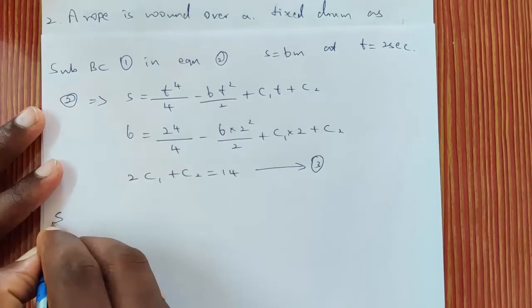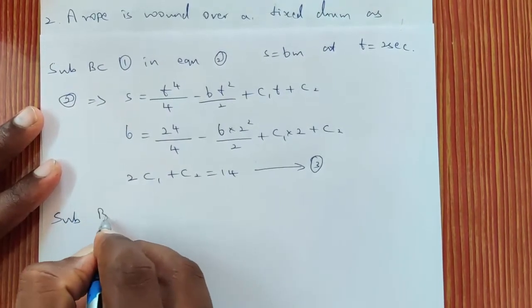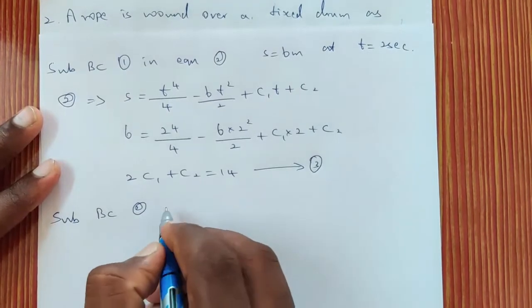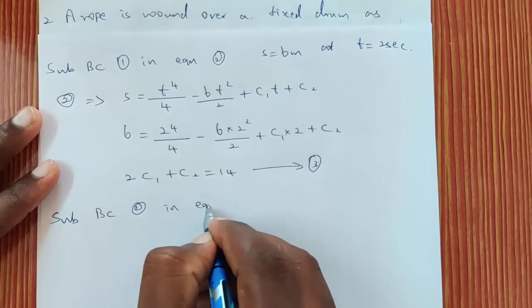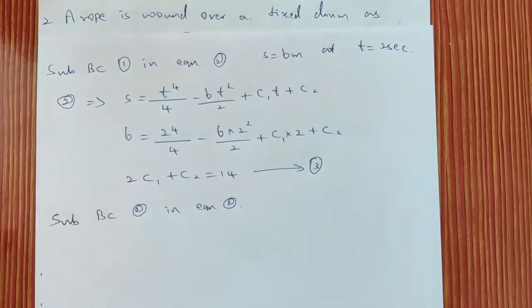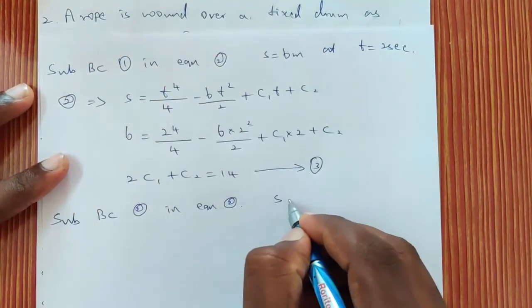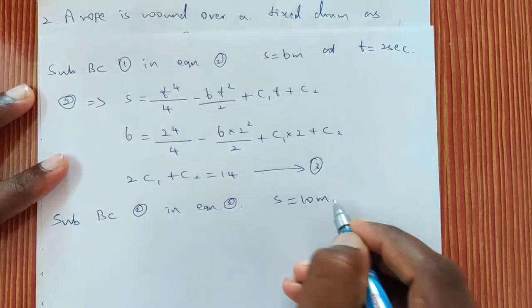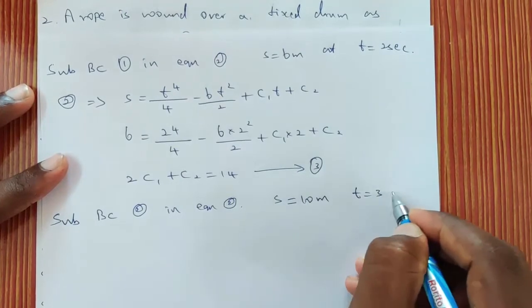Substitute boundary condition 2 in equation 2. The second boundary condition is s = 10 meter at t = 3 seconds.